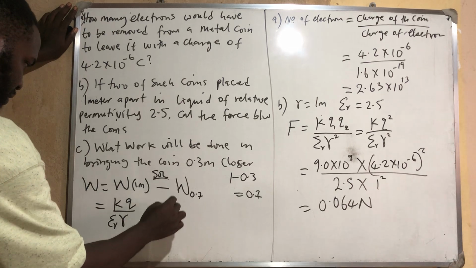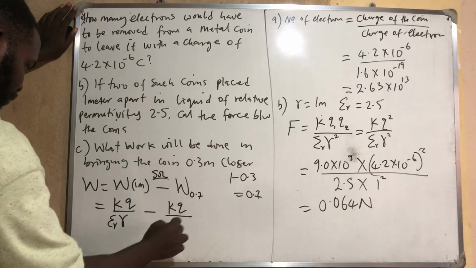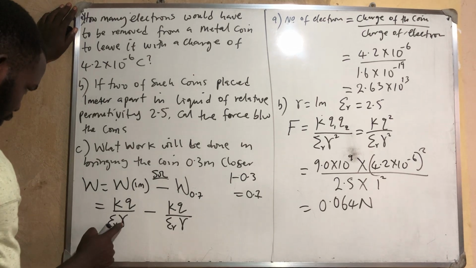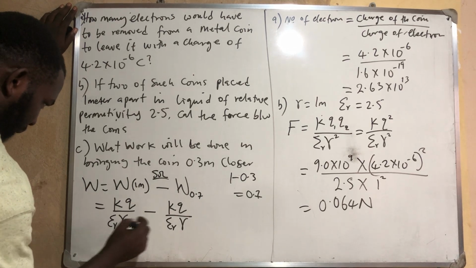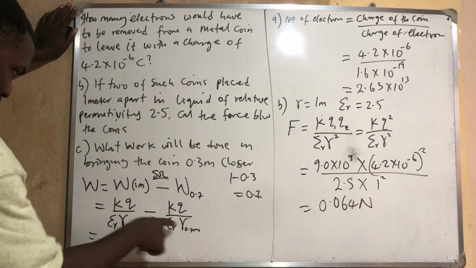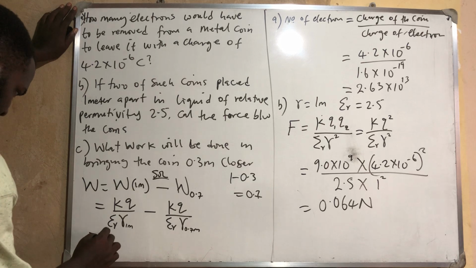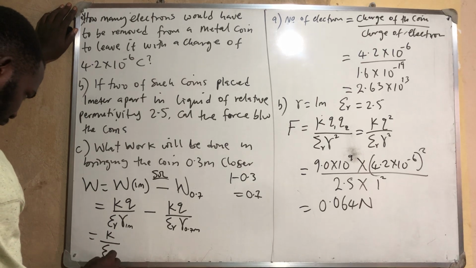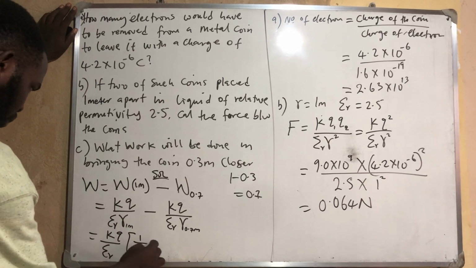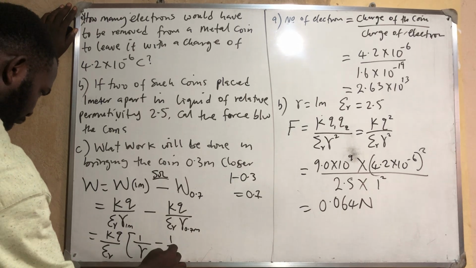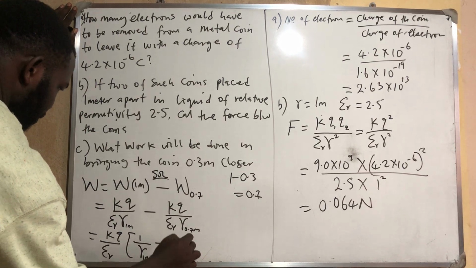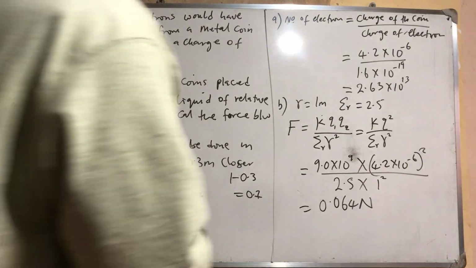Minus the same thing again, KQ over ER times R. Don't forget that this R is for when it's 1 meter, and this R is for 0.7 meter. All of these things are the same apart from the R, so I'll have KQ over ER in bracket of 1 over R minus 1 over R. This R is for the 1 meter, and this R is for 0.7 meter. You can call it R1 and R2 anyway.